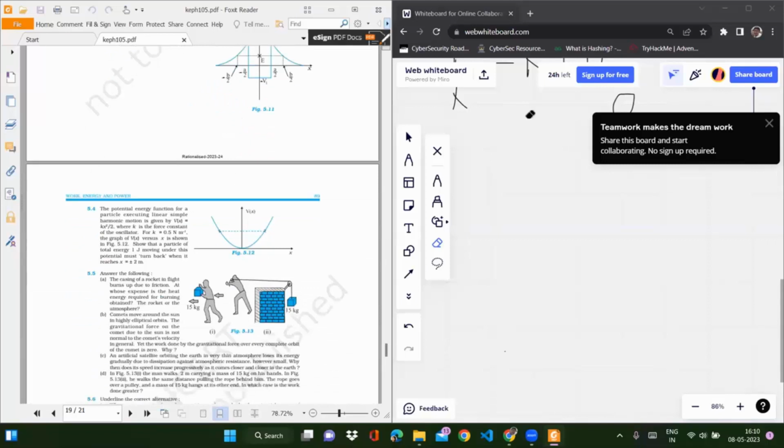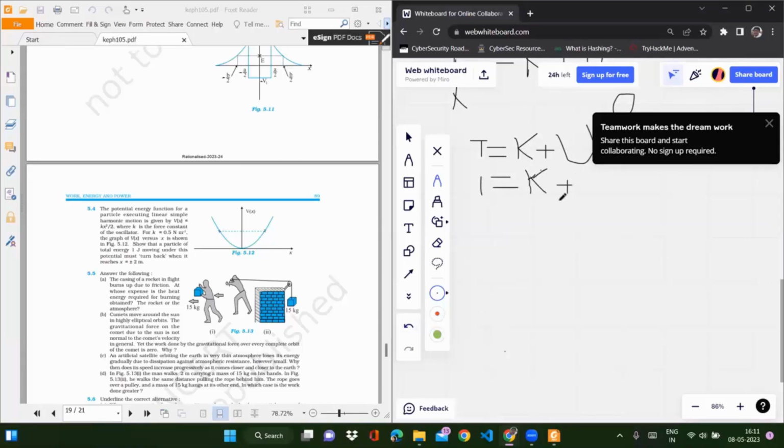In this case, we also use the same thing, that total energy T equals K plus U, and here the total energy is given as 1, and K we'll assume to be K, and the potential energy is given by this function half kx square.